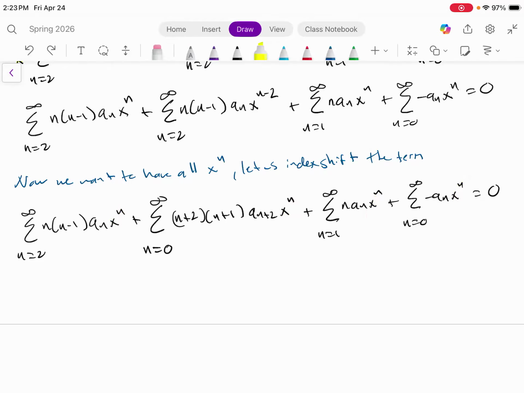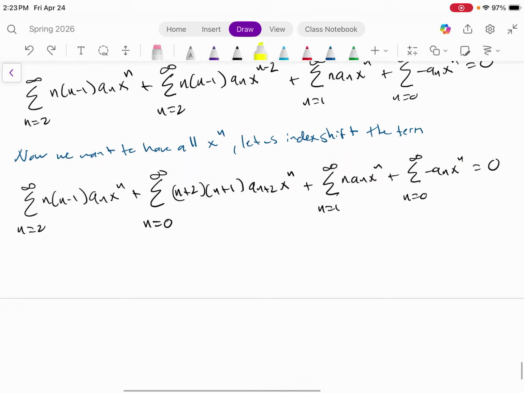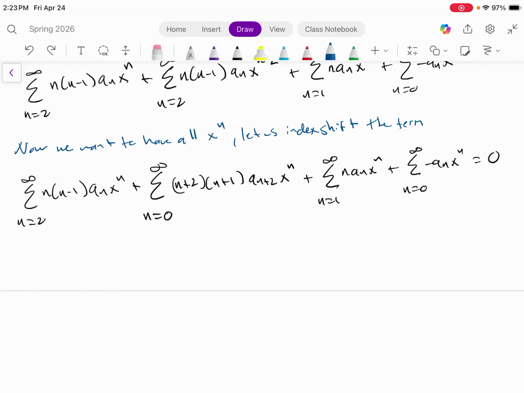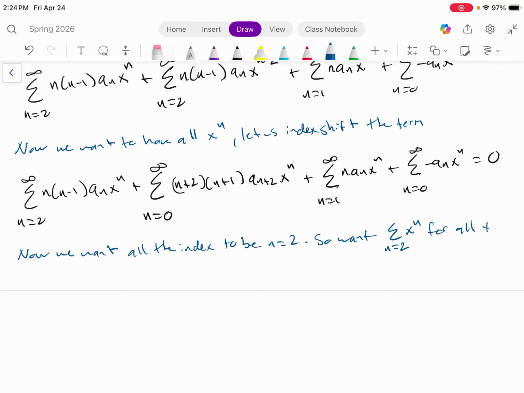Since n equals 2 is the highest index, I want them all to be n equals 2, with x to the n for all.